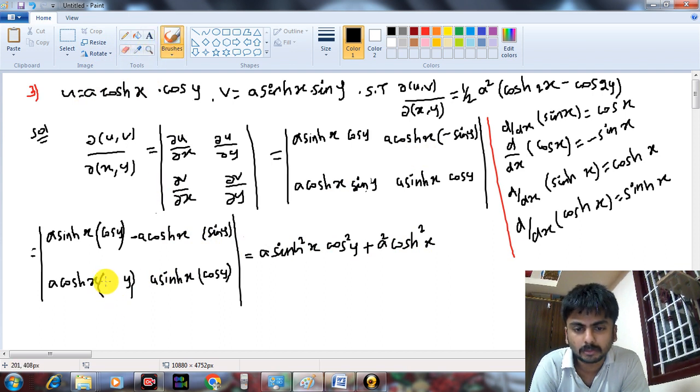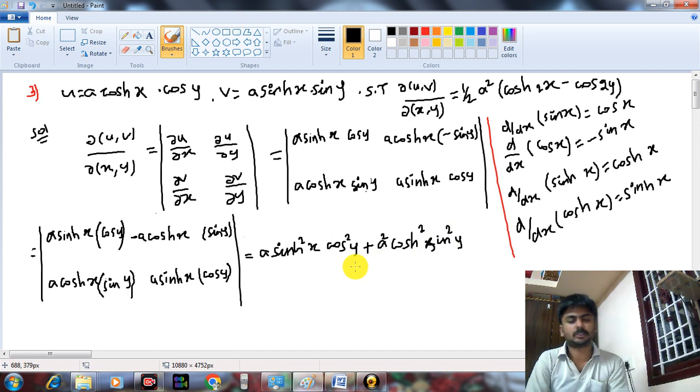So we will have, it is sin y, so it will become sin square y. Okay, it is sin square y.